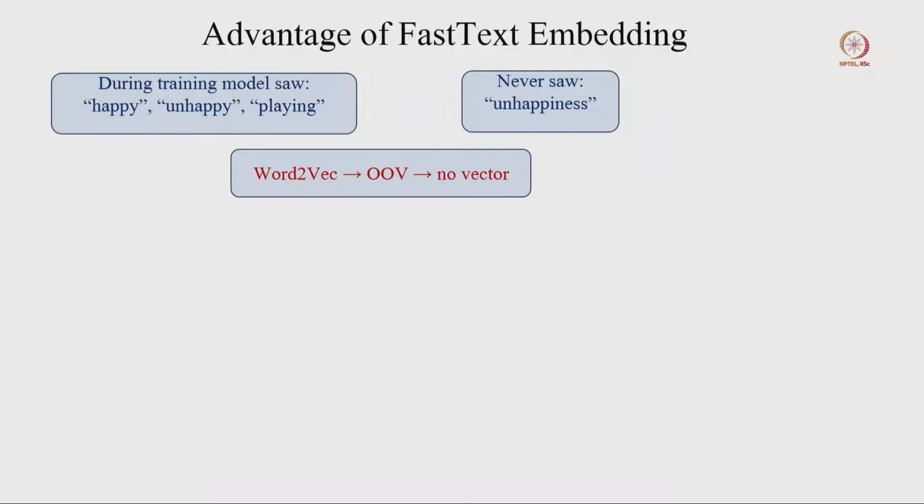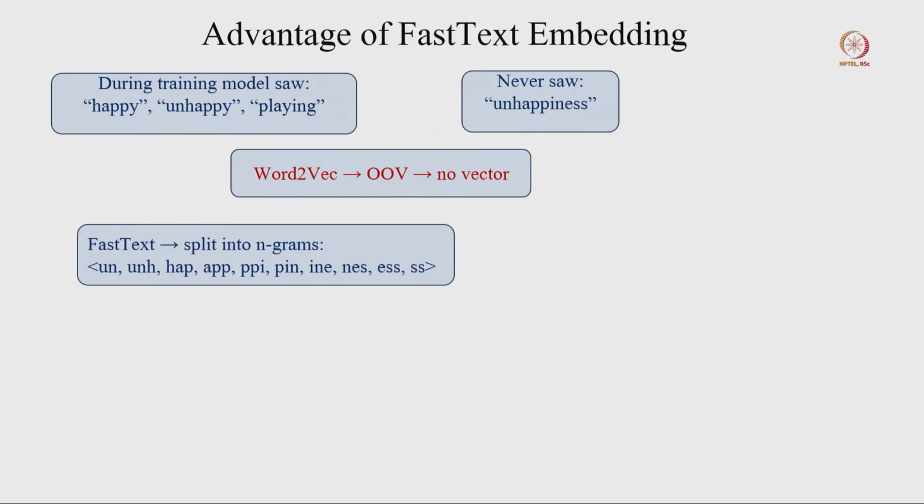So, if we take word2vec, for out of vocabulary words there are no vectors. But in FastText embedding, the word is split into n-grams, like the starting token and UN, then UNH, HAP, APP, PPI, PIN, INE, NES, ESS, SS and then the ending token.